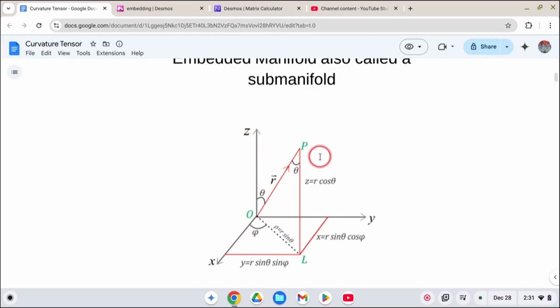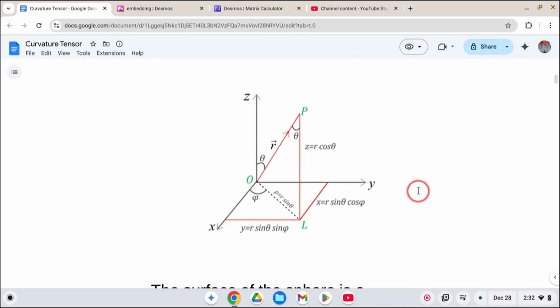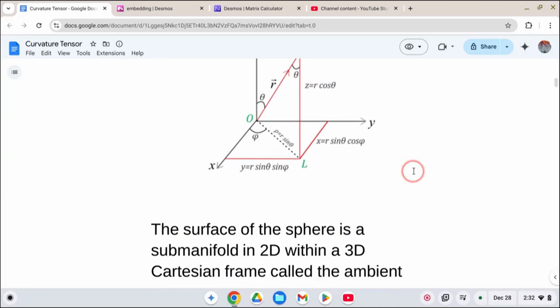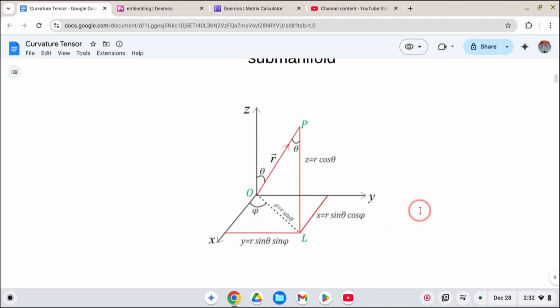So we've got two dimensions embedded within three dimensions, and the surface of the sphere, the two dimensions, is the submanifold, and the Cartesian frame we're going to use is called the ambient. These are the words they use, okay? So the surface of the sphere is the submanifold, and the Cartesian space is the ambient.